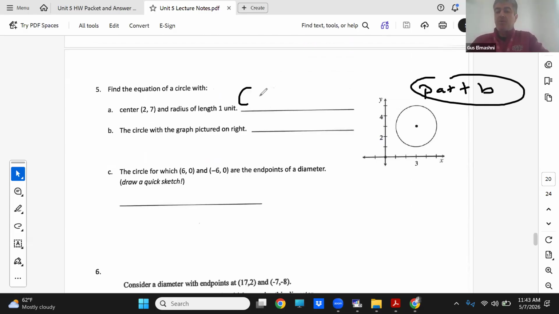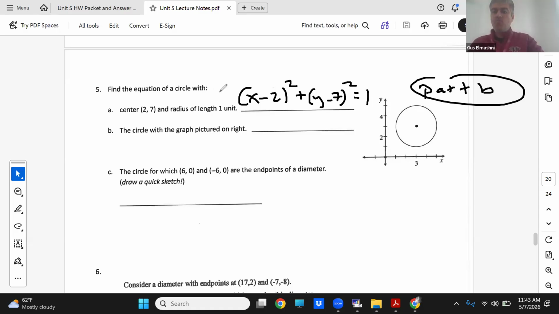X minus 2 squared plus y minus 7 squared equals 1. That's it.